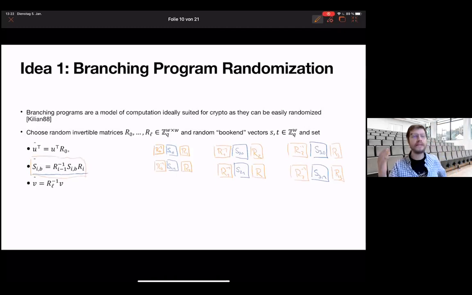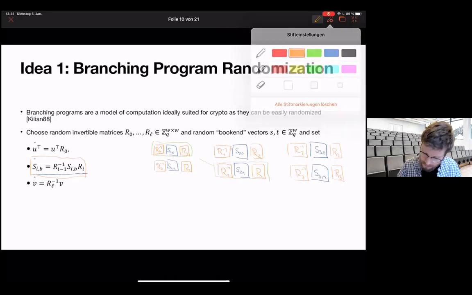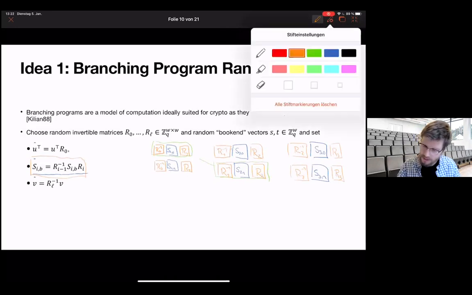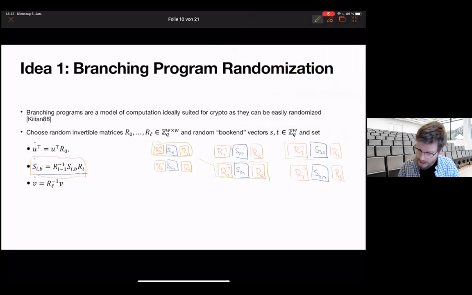And the first thing we notice is that once we multiply things together, if you multiply, let's say, this guy with that guy, and that with that guy, actually this R1 here and this R1 inverse cancel out, right?